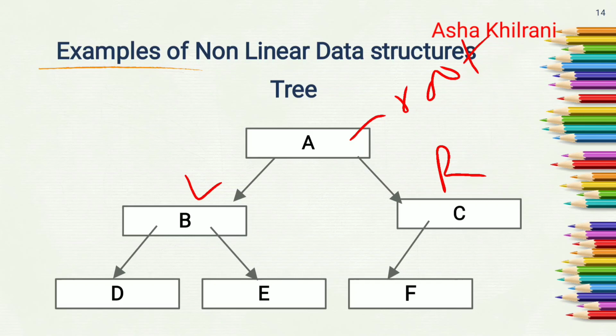Similarly, B is a parent node having two children, D and E. D is its left child and E is its right child. Similarly, C is also a parent node having a single child F, which is its left child.